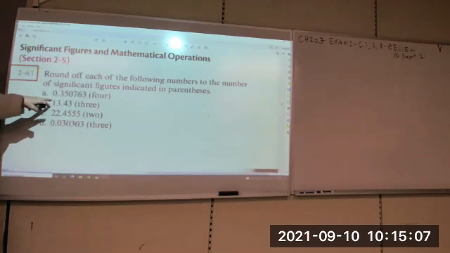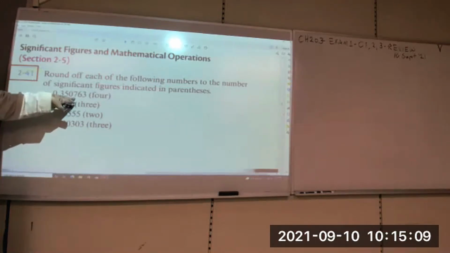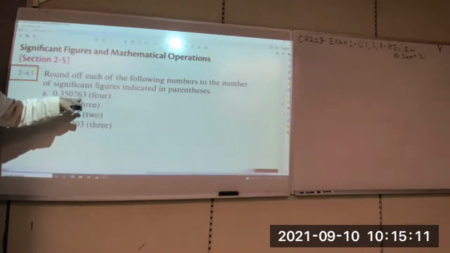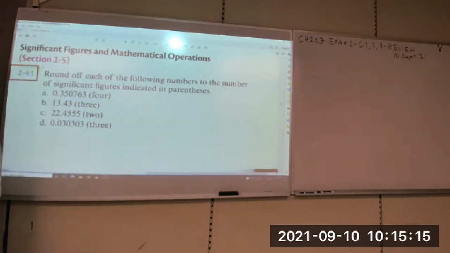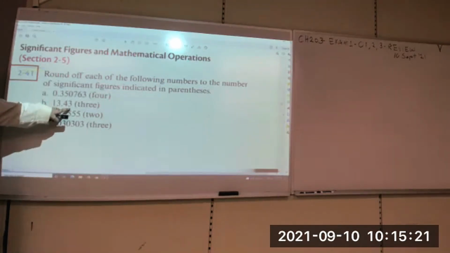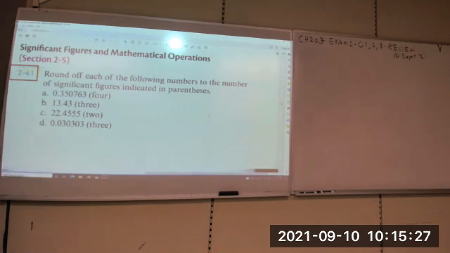So if it says 4 here, 1, 2, 3, 4, then you look to the right. That's greater than 5, so now this is 8, and those drop. Or 3, 1, 2, 3, that was less than 5, so this one stays 4, and the 3 is gone. Okay.